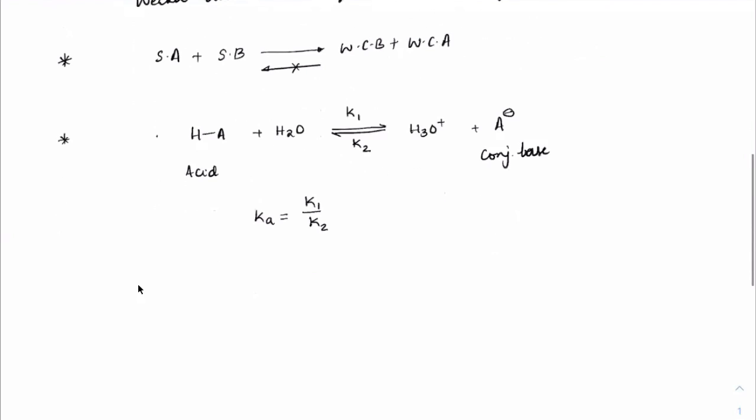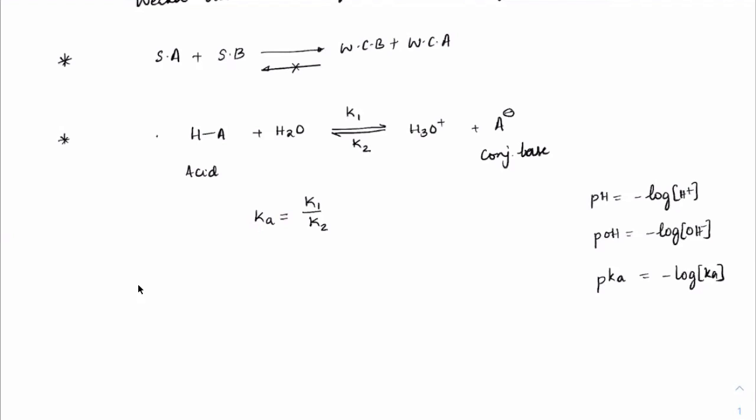Most of the time we will be discussing this by comparing Ka or by comparing pKa. Just like pH is defined as minus log of H plus concentration, and pOH is defined as minus log of OH minus concentration, similarly, pKa is defined as minus log of the Ka value.